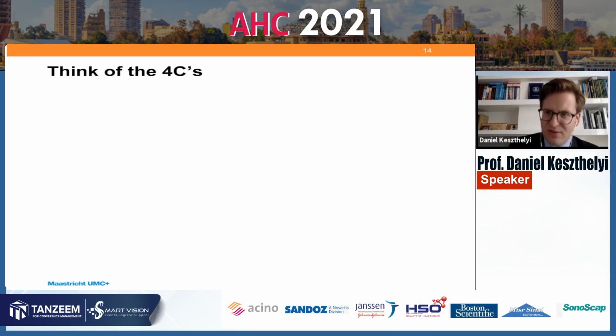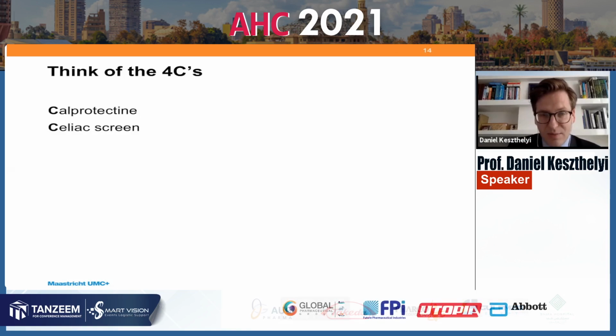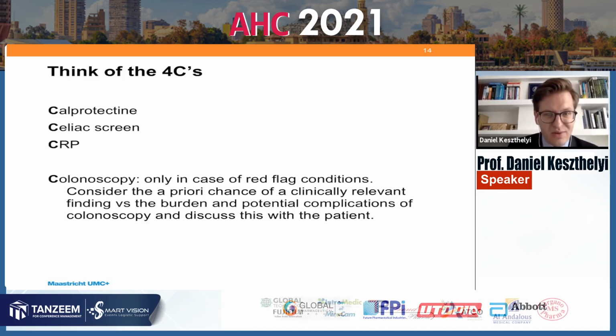So what you can think of in terms of IBS, going back to IBS, and some of these investigations is something called the 4 C's. That's calprotectin to rule out IBD, celiac screen, which has a somewhat higher prevalence in IBS than in the general population, CRP to look at inflammation, obviously, and you should reserve colonoscopy only in case of these alarm features or left-flank conditions.